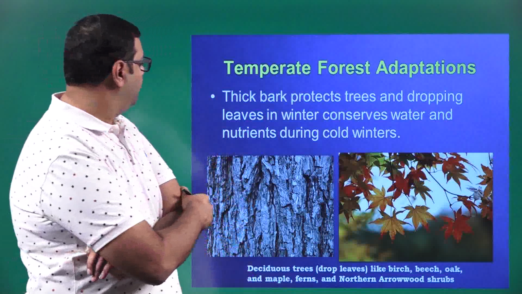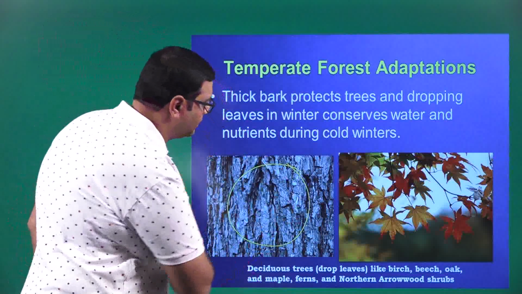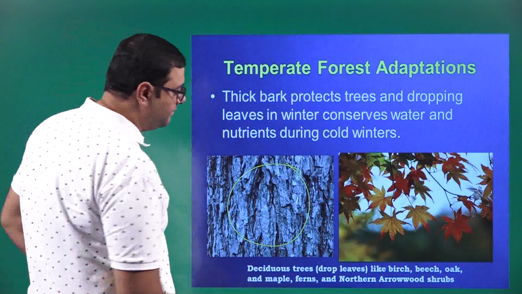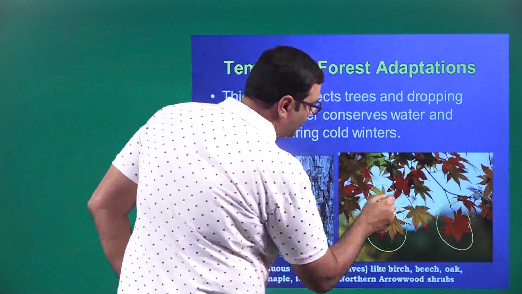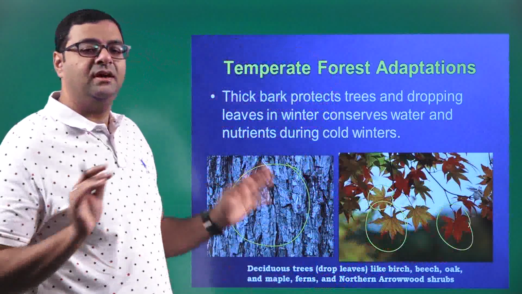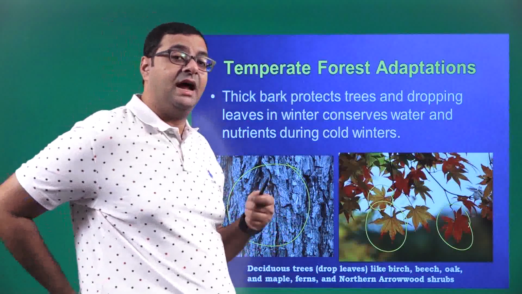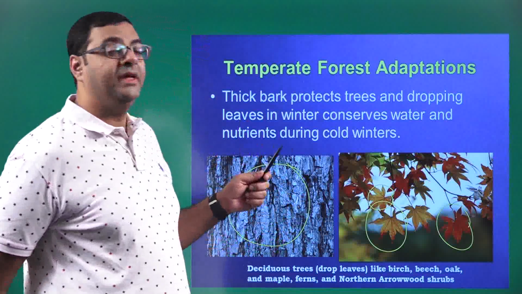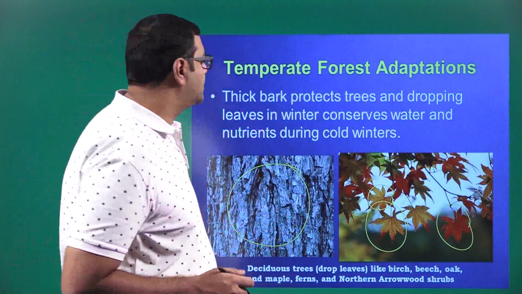Now, if a plant is having a thick bark like this, and if the plant is shedding its leaves, that is, the plant is removing the leaves. So in temperate forest, the plants will adapt in such a way that they conserve the loss of water. So in winters, what will happen?